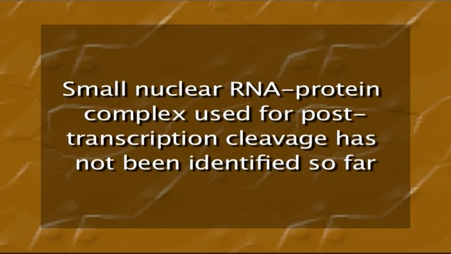Small nuclear RNA protein complex used for post-transcription cleavage has not been identified so far, but is believed to be certainly different from the U1 small nuclear RNA protein complex, which is believed to be involved in intron splicing in split genes.